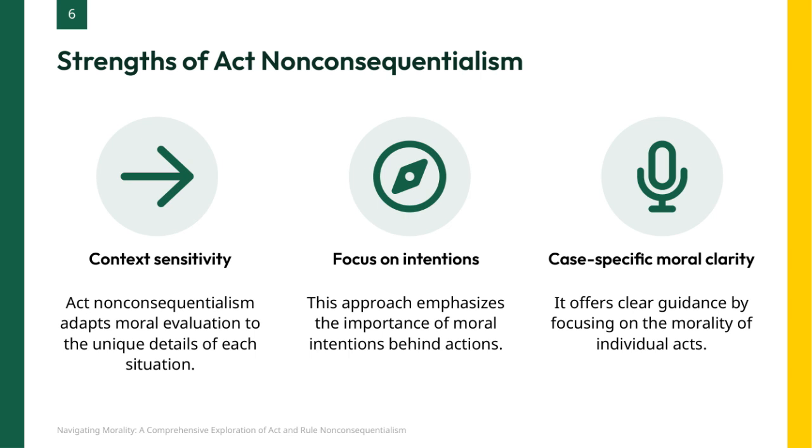Finally, it provides case-specific moral clarity by concentrating on the morality of individual acts themselves. This approach offers clear guidance tailored to each specific case, allowing for nuanced ethical decisions. Together, these strengths make act non-consequentialism a flexible and intention-centered moral theory.